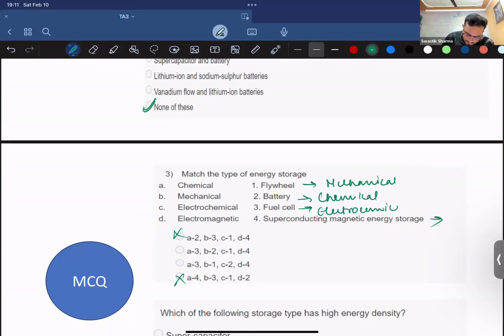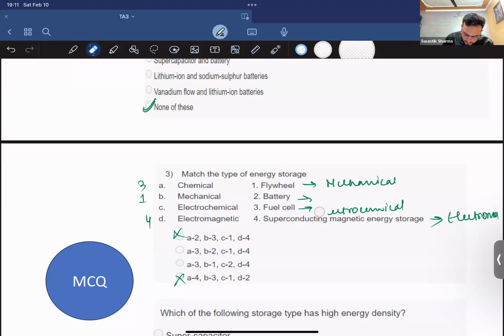And then superconducting is electromagnetic. So if you can do it, then it becomes D4, electrochemical C3, mechanical 1, and no, sorry, A3. I was wrong. Sorry. It's chemical, right? Fuel cell is all chemical because it's how the electrolyte you place it and it converts it into water and electricity.